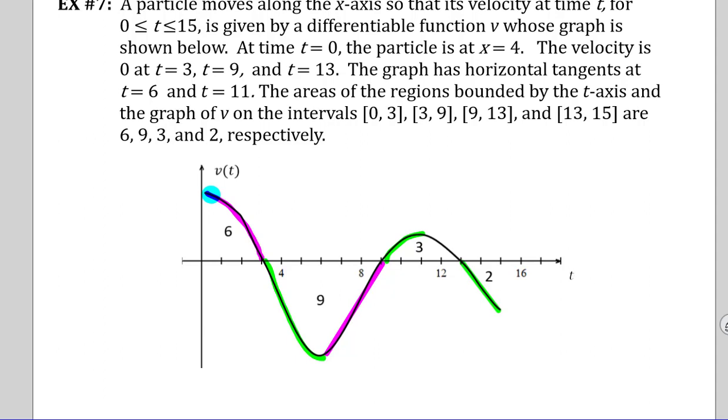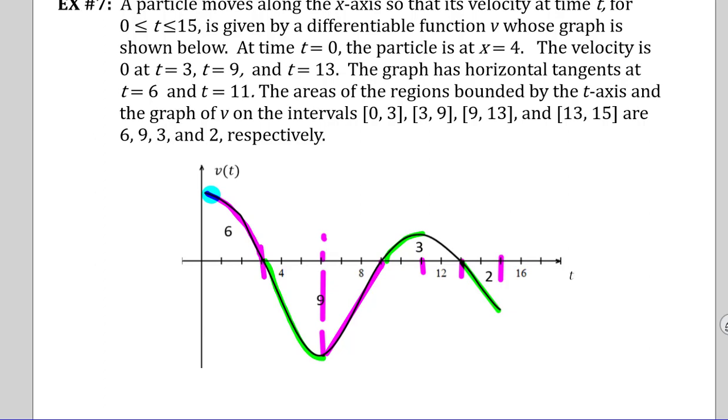And so that's going to be from 3 to 6, okay, then from 9 to 11, and then from 13 to 15, okay?